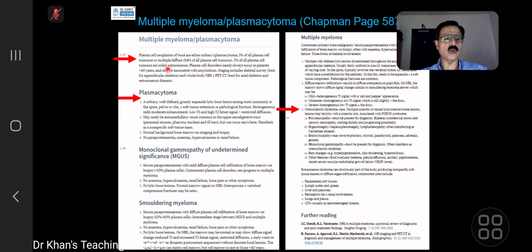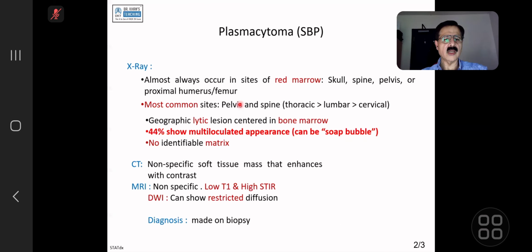Always occur at more than 40 years of age and usually associated with amyloidosis. For the rest, I'll show you a few cases to make the point. But as far as plasmacytoma is concerned, it will be in red marrow areas, and it will be lytic.